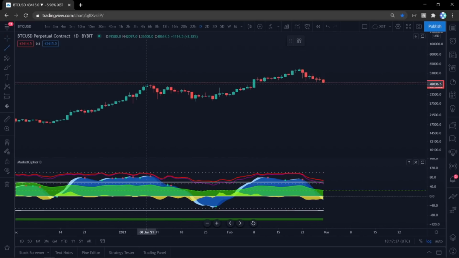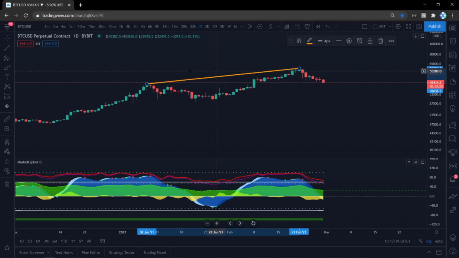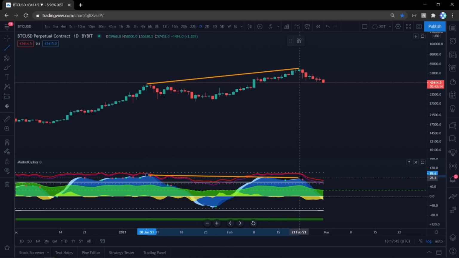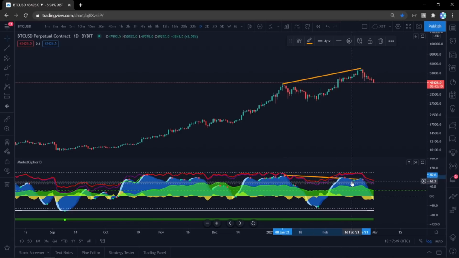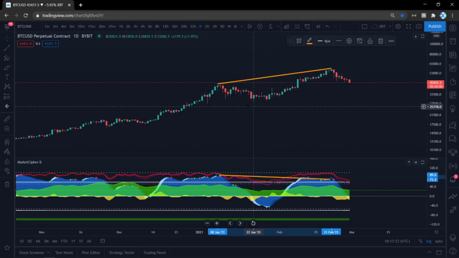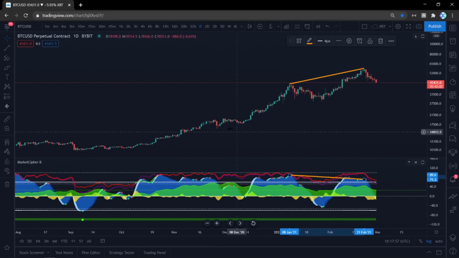Also, if we're going to draw, for instance, from this peak to this peak, we need to do this same distance down here on the wave. So we would draw from this peak to that peak, like that. Make sure that these horizontal distances are the same when you're drawing divergences. Make sure that you're comparing peaks to peaks or bottoms to bottoms.